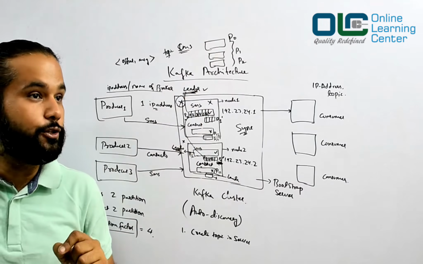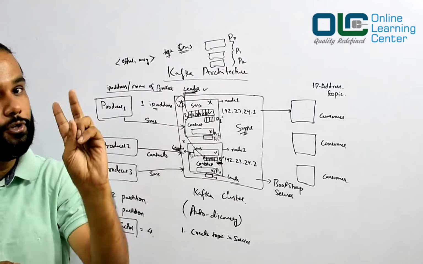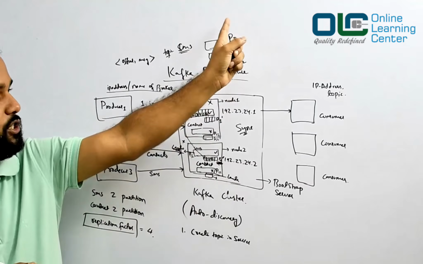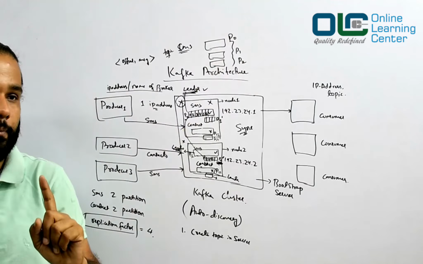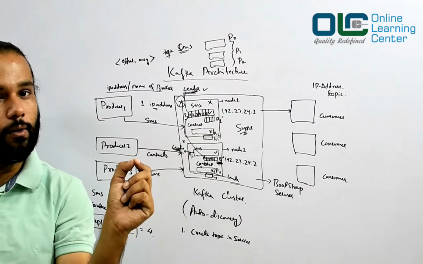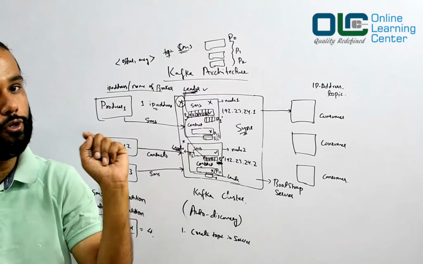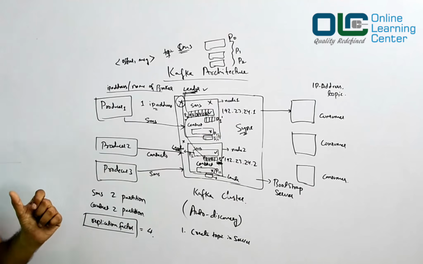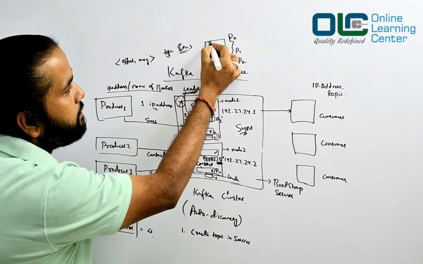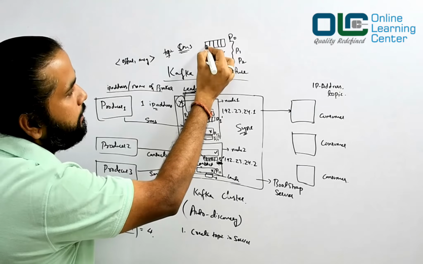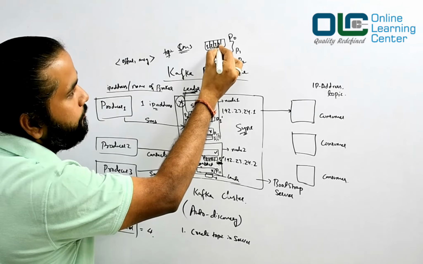When you say replication equal to 3, then for P0, a total of 3 copies would be available: the actual copy, and then the 2 duplicate copies. Again for P1, the original one and the duplicate copies, and the same for P2. The data would be written in this order: 1, 2, 3, 4, 5, and so on.